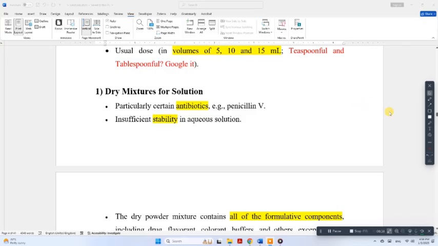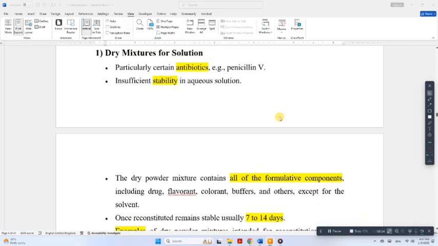The first thing we will talk about is dry mixtures for solution. The product will be a dry powder or a dry mixture, it's solid. This is the product. But when you want to use it, you have to reconstitute this powder and add the solvent, the proper solvent, with a certain volume or up to a certain volume. Shake it and make sure that the material dissolves, and then it becomes a solution for consumption.